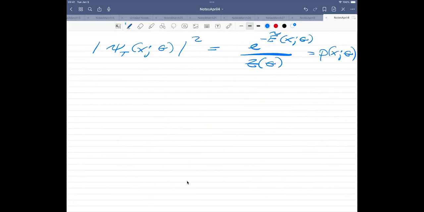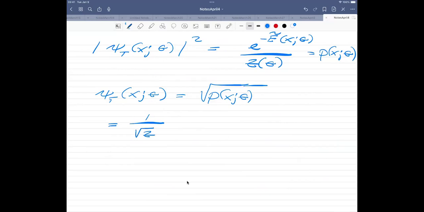So what happens in our case then is that the trial wave function psi_T of x, theta, that people have tried with different possibilities, is actually to set this equal to the square root. We are going to assume, with a harmonic oscillator case which we will be looking at, that we have real wave functions only. We're going to look mainly at the ground state. And this is going to be equal to 1 over the square root of Z, and I just write c instead of writing c of theta.